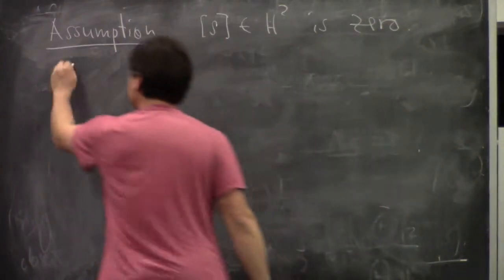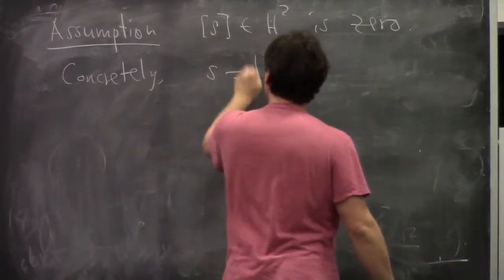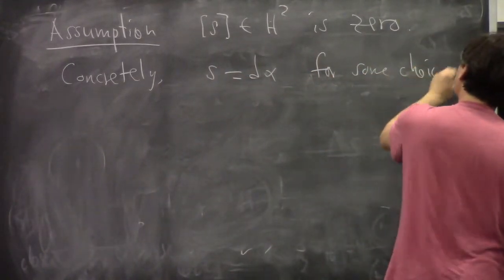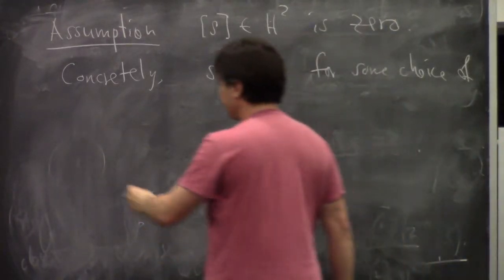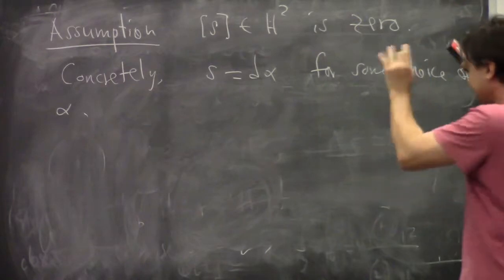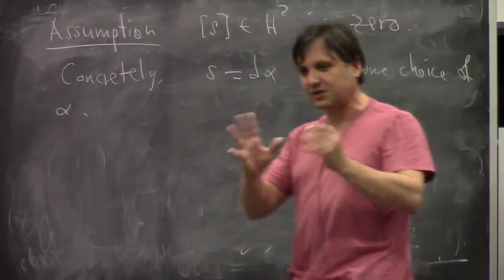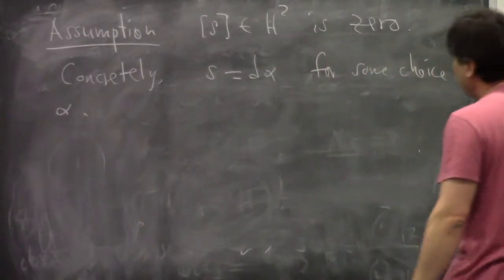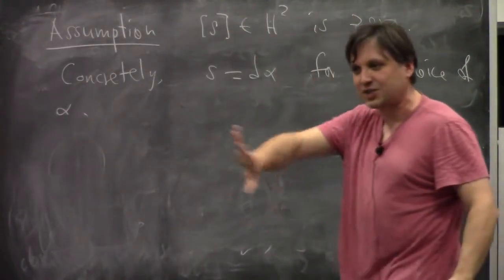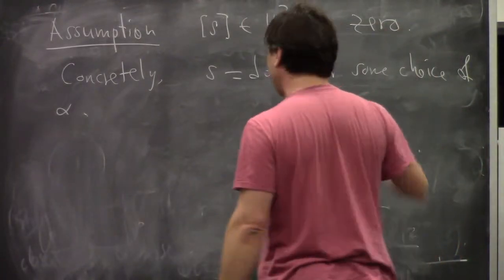So concretely, on the chain level, for some choice of alpha. Okay? So this is an additional assumption that's not part of this general class of theories. It singles out a very specific subclass of theories. And since that was the obstruction, the Kodaira-Spencer class, trivialization of the Kodaira-Spencer class should allow us to move in Q space. And in fact it does.